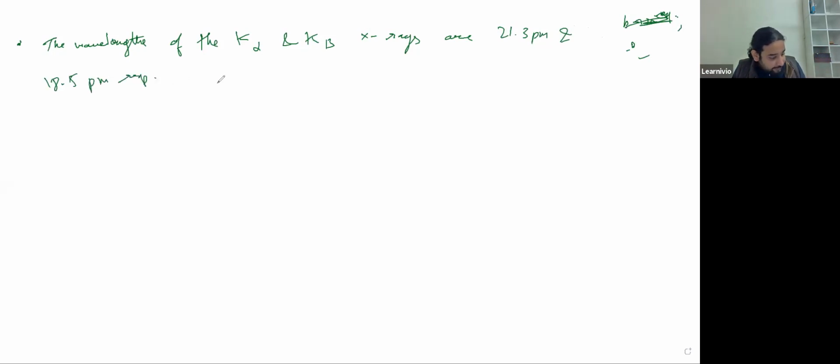Find the wavelength of the L alpha line of the material.